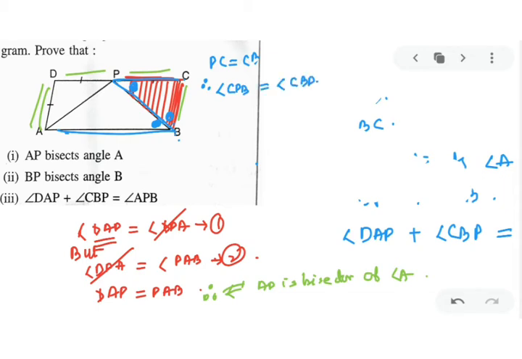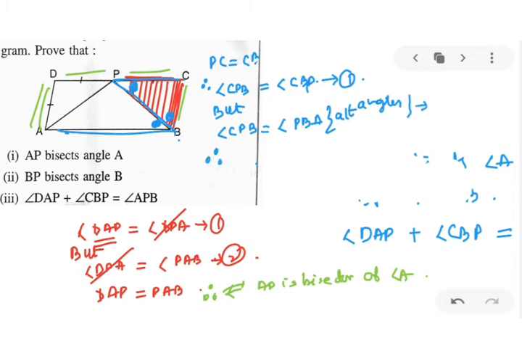That is the base angles. Mark this as equation number 1. But angle CPB is also equal to angle PBA because they are alternate angles. Therefore, you can put this as equation 2.